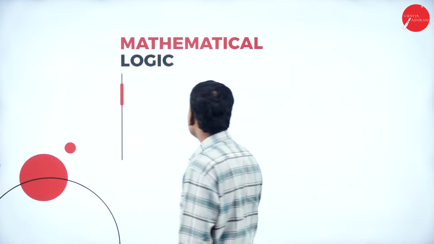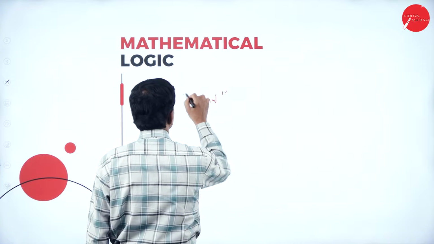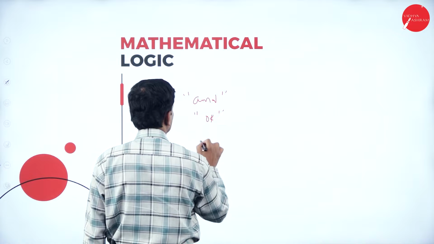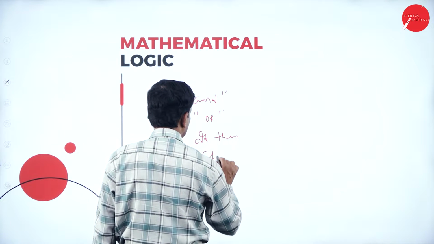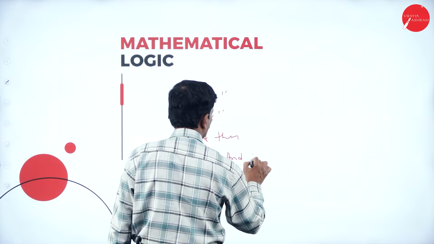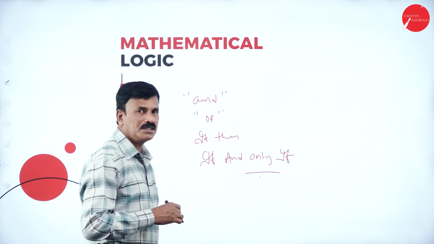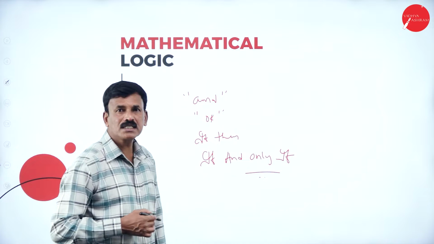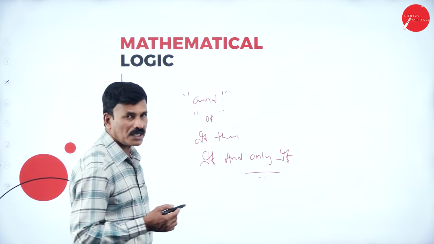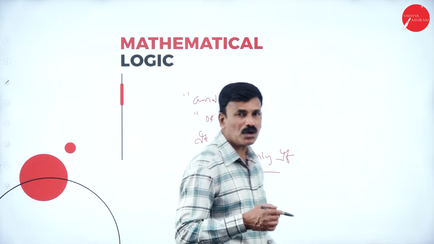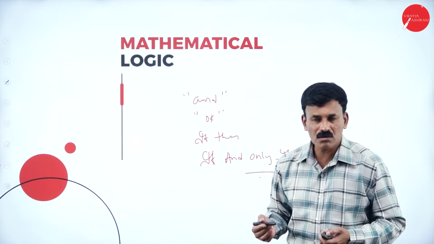The usual connectives we are going to use are and, or, if then, and if and only if. Based on this, we are going to construct the truth tables for these connectives and solve problems based on them.